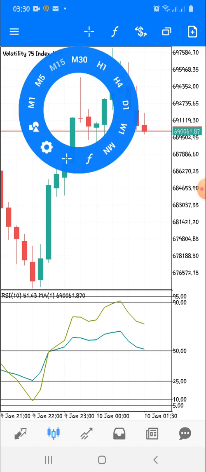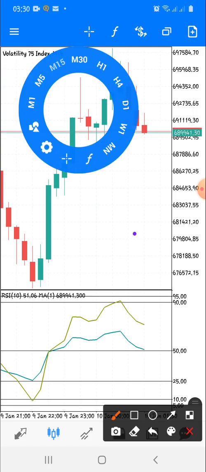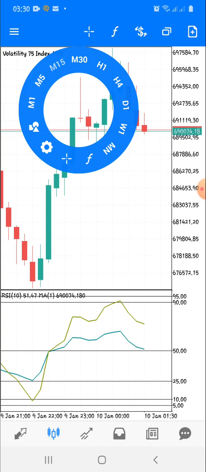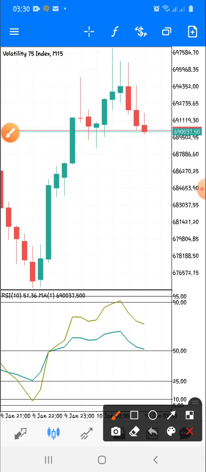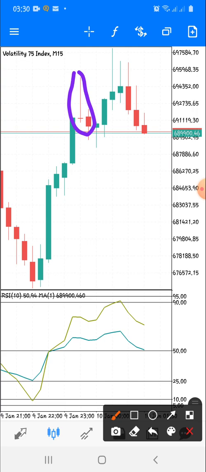See, here is what you call, okay, I'm sorry, let me remove this circle. You see, here is what I'm talking about. You see, this is a doji. That is a morning, that's a hammer.